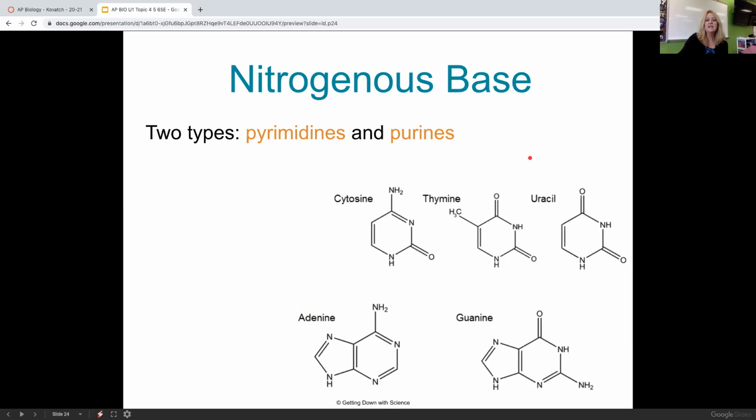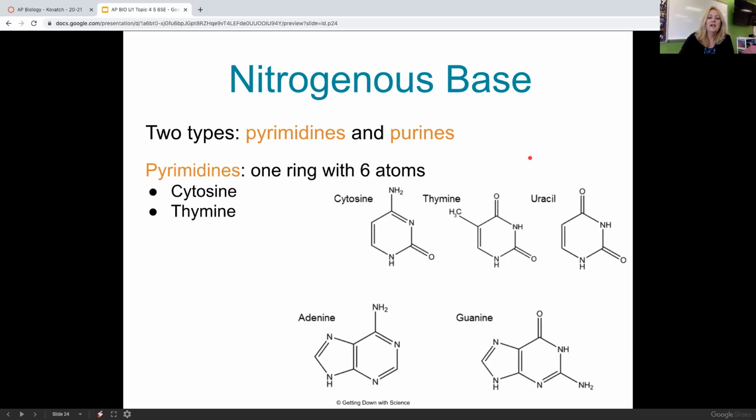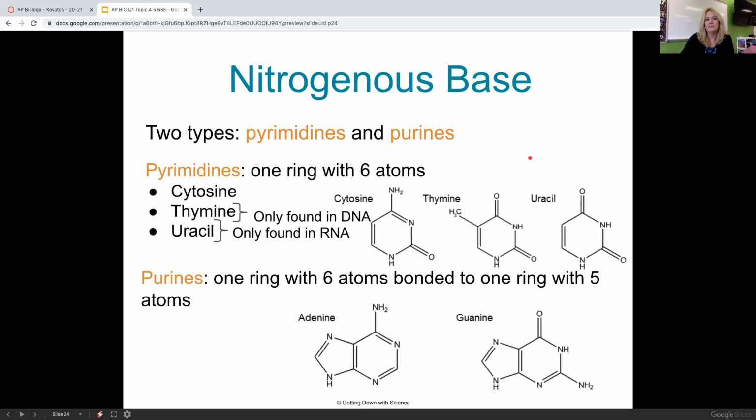There are pyrimidines and purines. The pyrimidines, 1 ring with 6 atoms, and the purines have the double rings. So cytosine, thymine, and uracil are all pyrimidines. They're 1 ring with 6 atoms. You'll find cytosine and thymine in DNA, but uracil you find in RNA only.